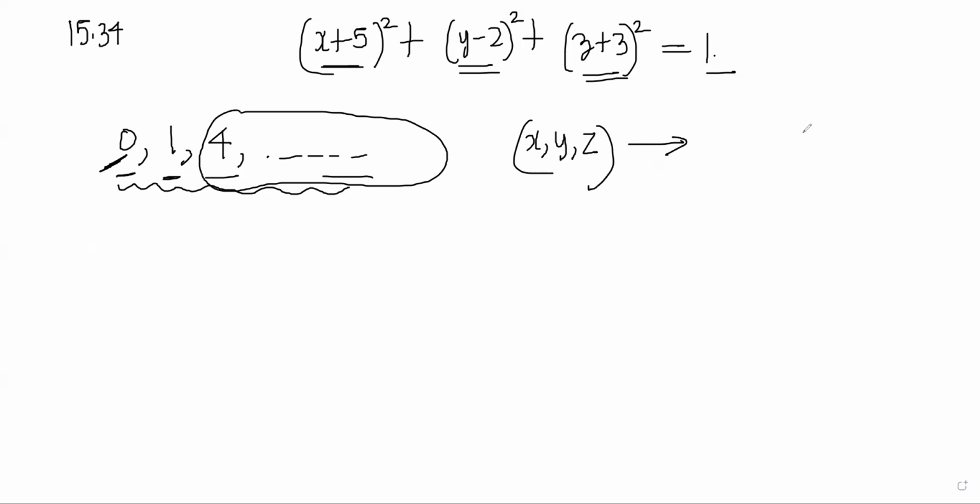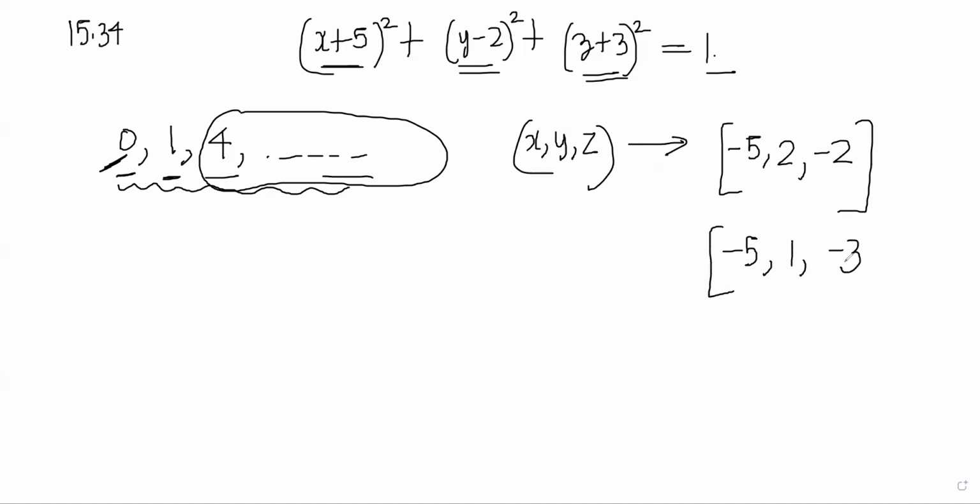How are you doing that? If you put 0, 0, and -2, what will happen? Sorry. -5, 2, and -2. Then -5, 1, and -3. Then -5, 3, and -3.